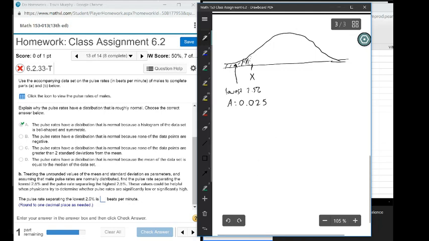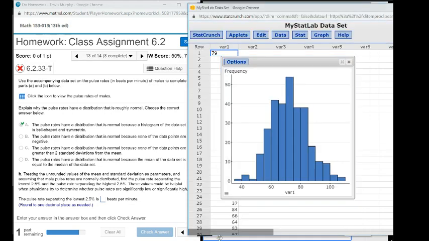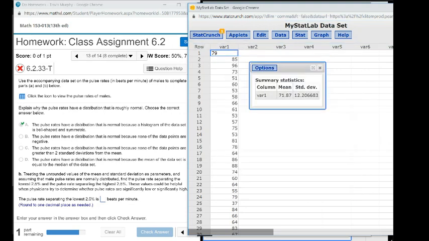Right, and then we'll use the mean and the standard deviation that we got from StatCrunch. So what was that? 71.87 and 12.21.